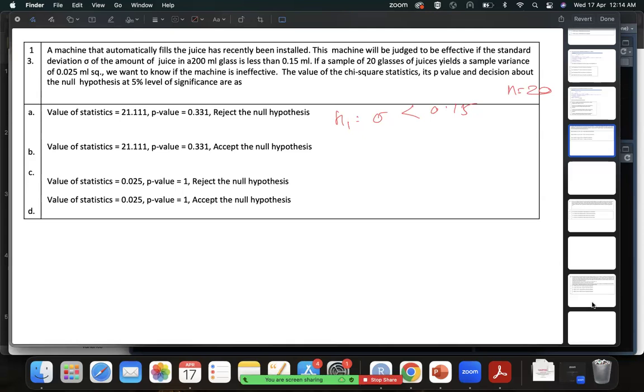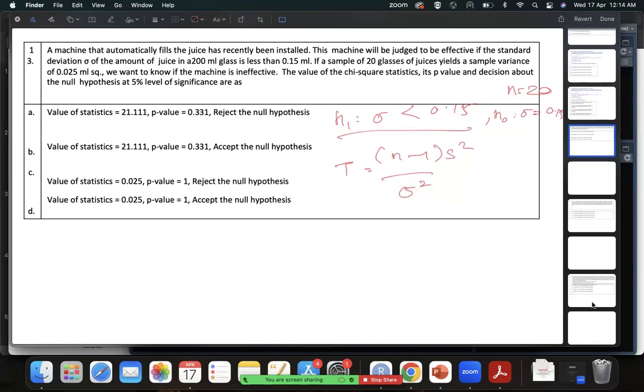For such a test, you calculate T is equal to n minus 1 into S square divided by sigma square. If your alternate hypothesis is this, your null hypothesis would be sigma is equal to 0.15.